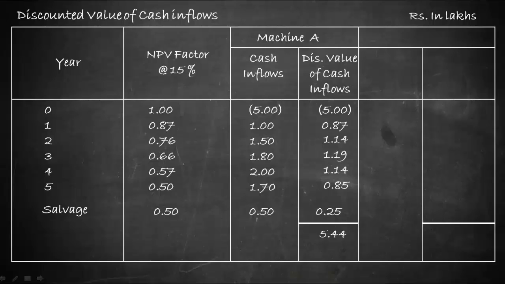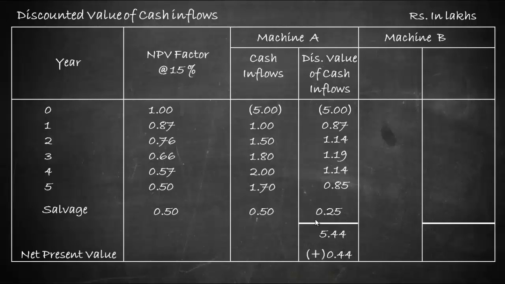So here you have 5.44 as total of inflows, and here you have an outflow of 5 lakh. So 5.44 minus 5 lakh gives a positive NPV of 0.44. Please note this 5.44 is only a total of these items starting from 0.87 to 0.25. So NPV of project A is 0.44.